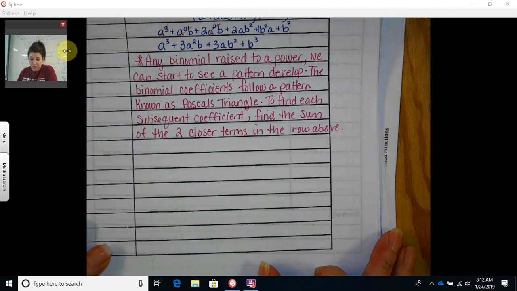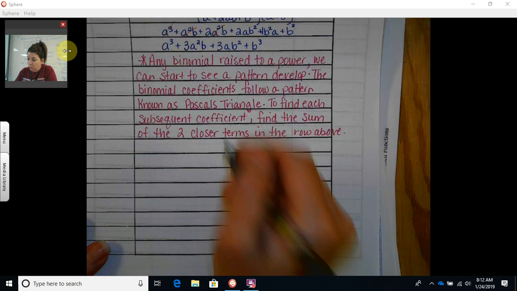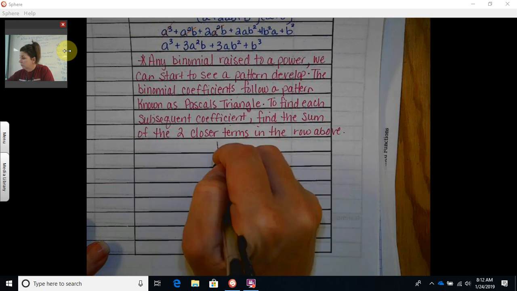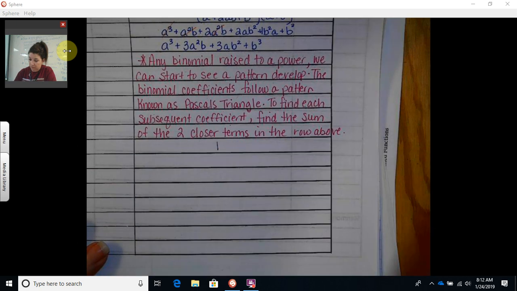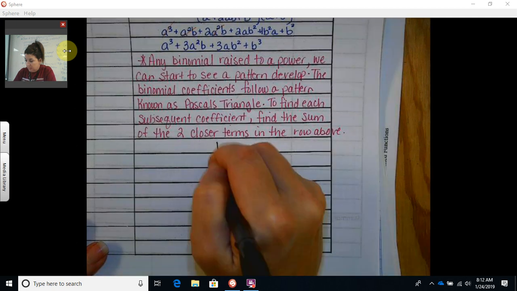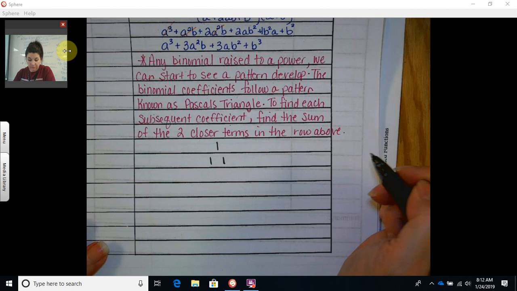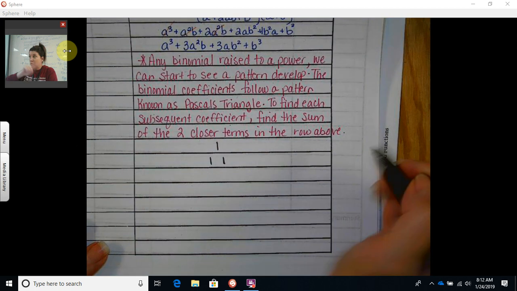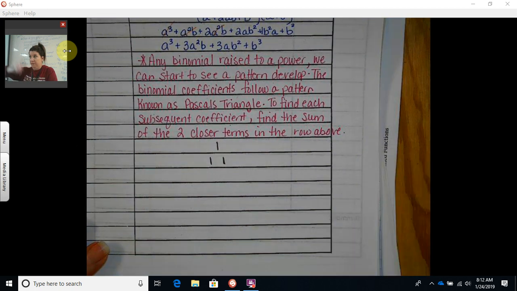All right, so Pascal's triangle starts with a 1 at the top. And the next row just has 2 1s. Okay, you always have a 1 on the outside, on both sides, every time.